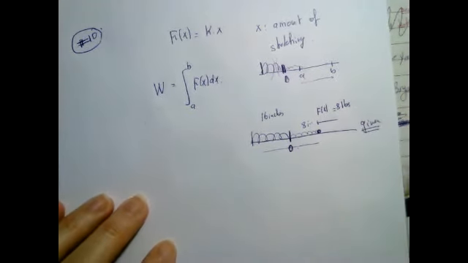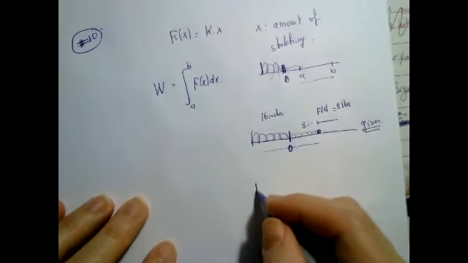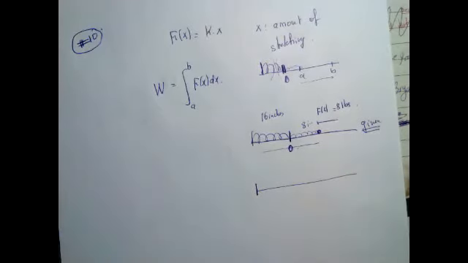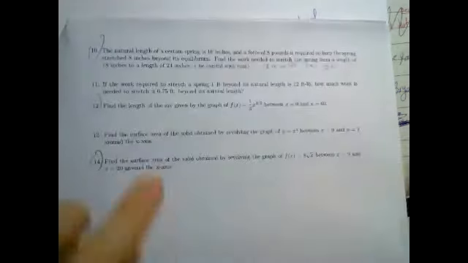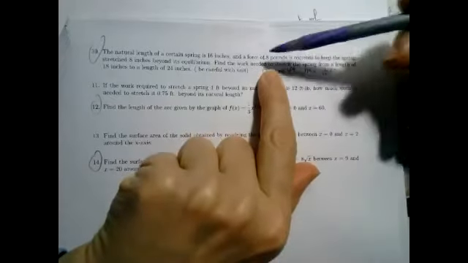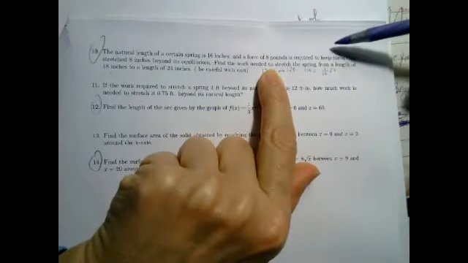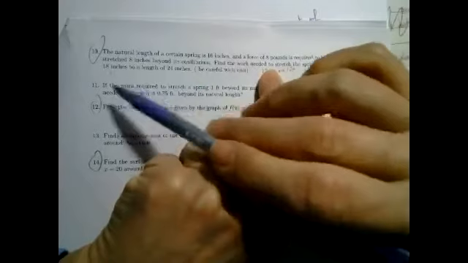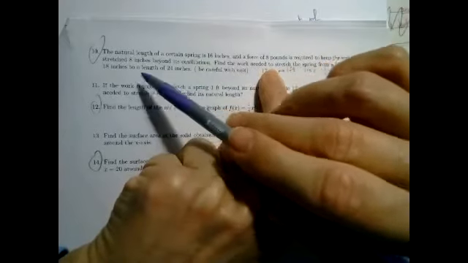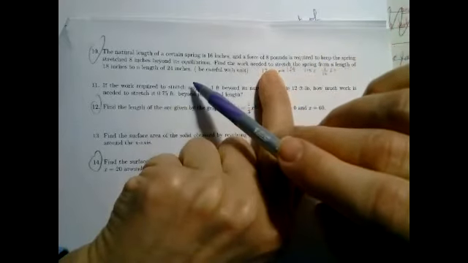That's what's given. And then they're asking us the following. I read again what they are asking us: find the work needed to stretch the spring from a length of 18 to a length of 24.